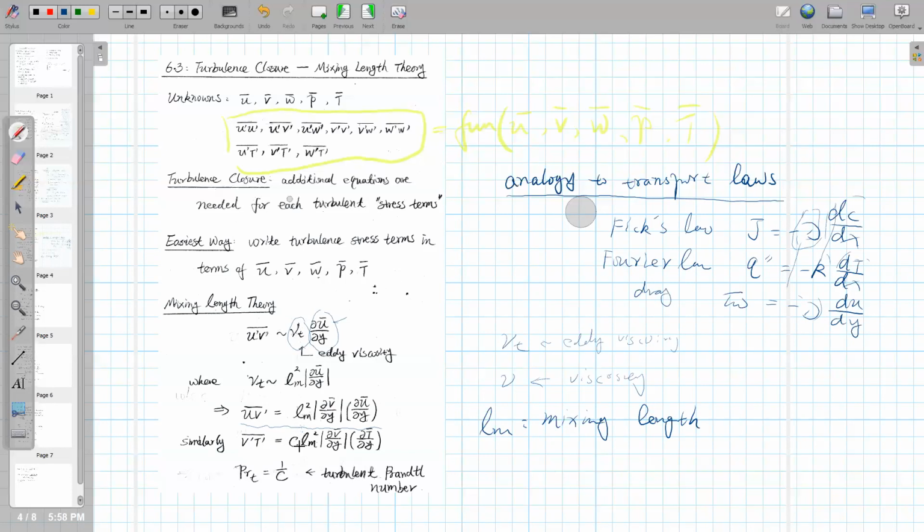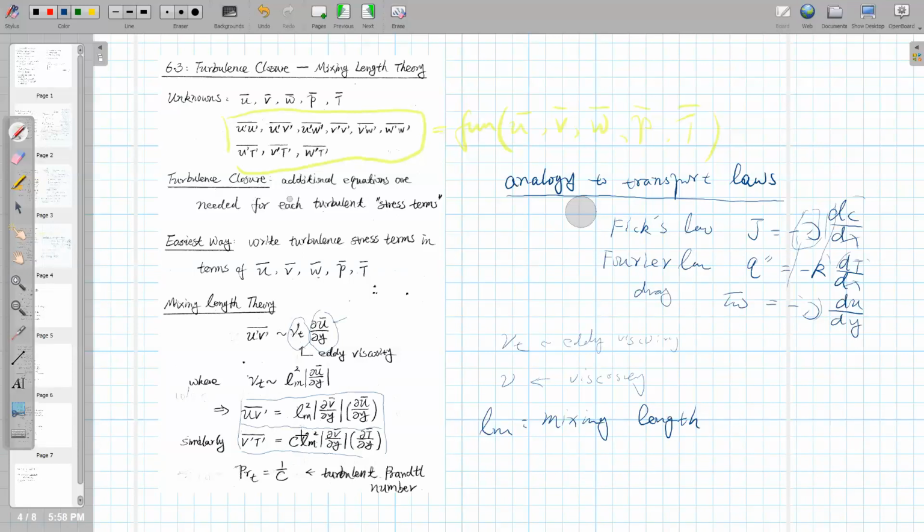So we just multiply by an additional c here, and there is no c here, so it's Lm squared times the magnitude of partial u partial y, but this one becomes partial T partial y to approximate. So this is the turbulence modeling we are doing here. Correspondingly you can write the other five terms for the velocity correlations, and also the velocity and temperature correlations using this one.